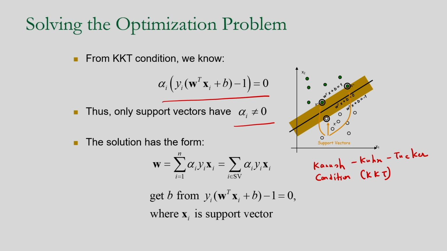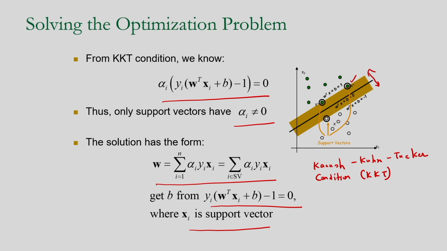So the solution will be like this. I will be getting the value of W, and also I have to consider this one, get b from this. So I can get b from this equation, and in this case x_i is the support vector. In the figure also I have shown the support vectors, and you can see this is the margin I am considering.